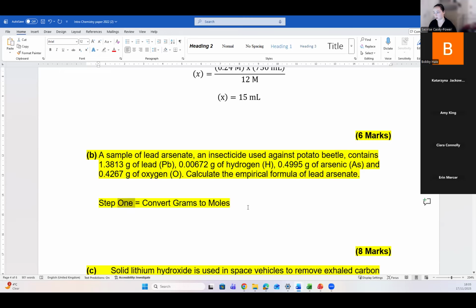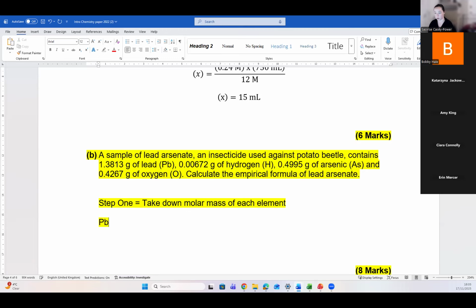Actually, scratch that a second. So step 1, we're actually going to just take down all the molar masses of each element. In this case, you don't have to calculate them, but we're just going to list them all out so we have them to hand. So we have Pb, H, As and oxygen.